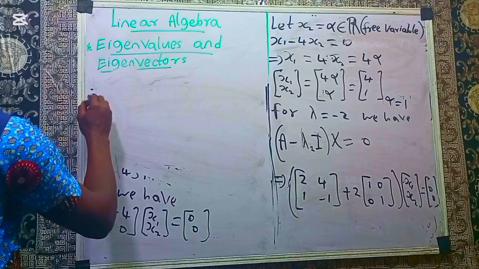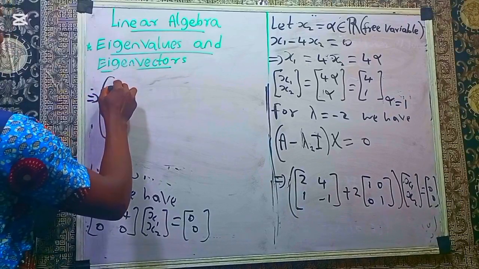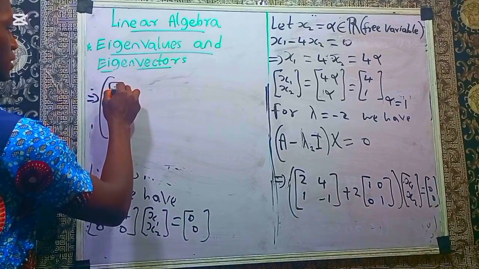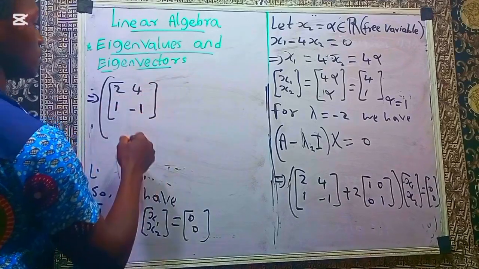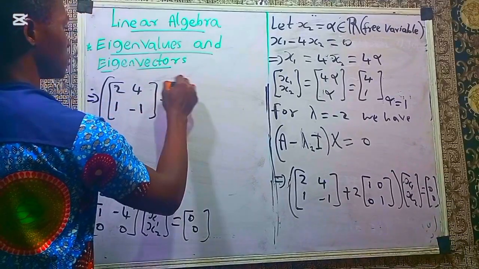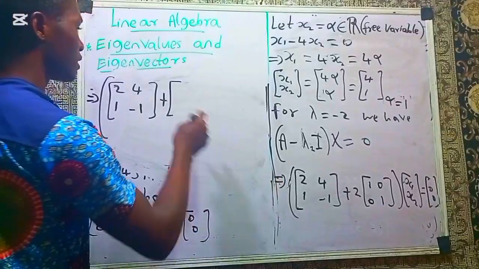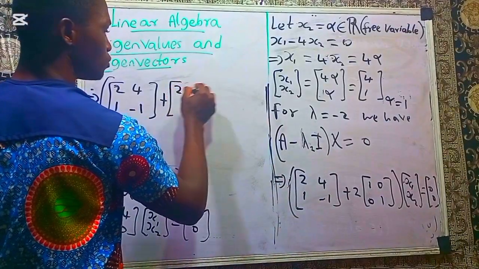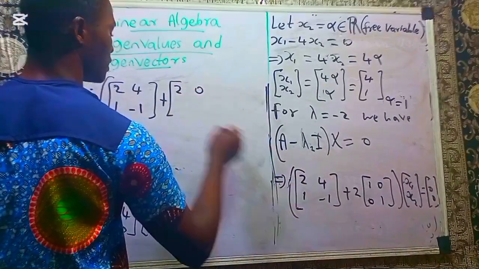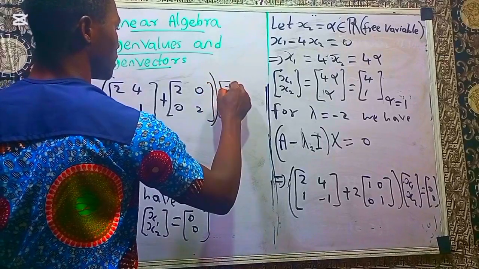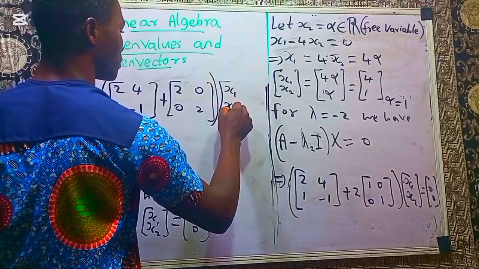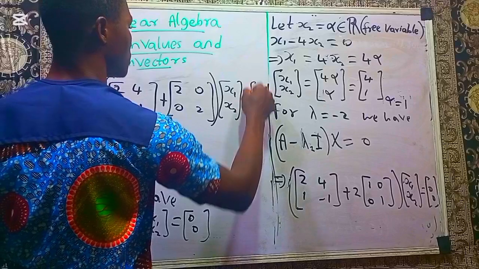Let's complete the solving here. Let's write down our matrix A. Then plus, we use 2 to multiply the identity matrix. 2 multiplied by 1 is 2. 2 multiplied by 0 is 0. 2 multiplied by 0 is 0. 2 multiplied by 1 is 2. Then multiplied by the column vector equated to the 0 matrix.